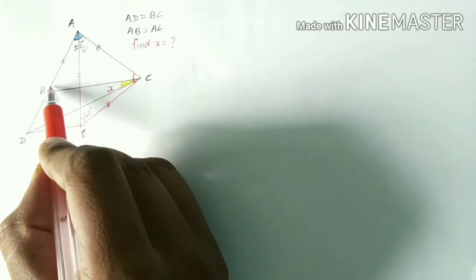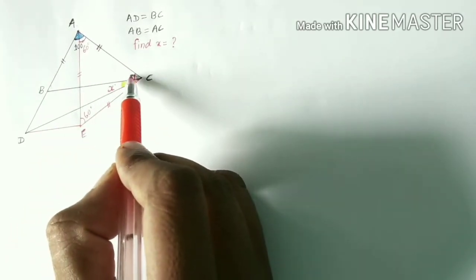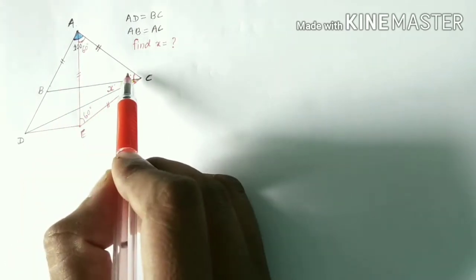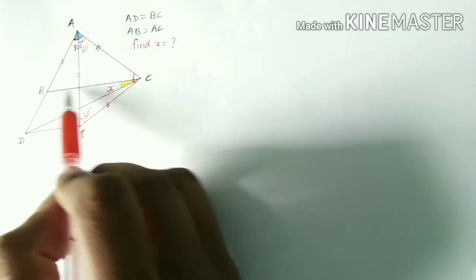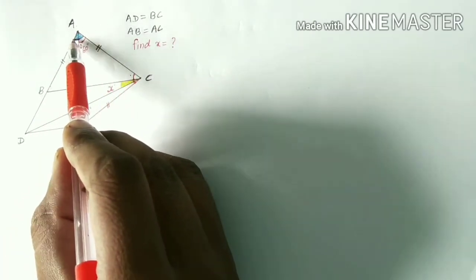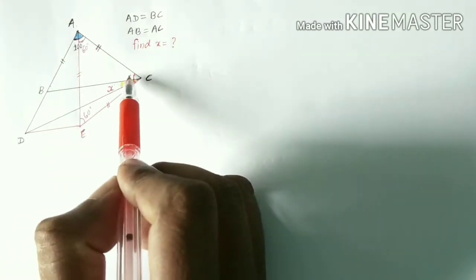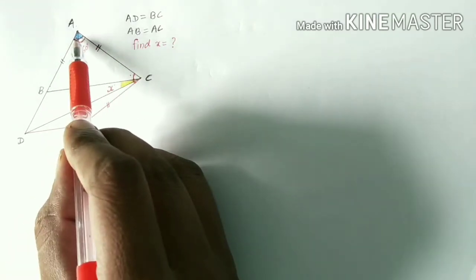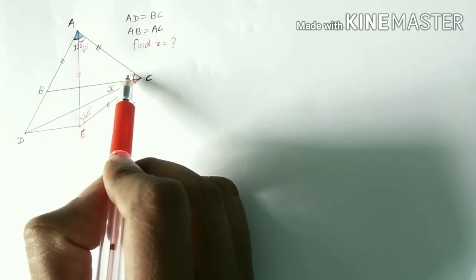So these two angles will be 40 degrees and 40 degrees, because as we know the sum of the 3 angles will be 180. This angle is already given as 100 degrees, and the sum of these 2 angles should be 80 degrees, because 100 plus 80 means 180.